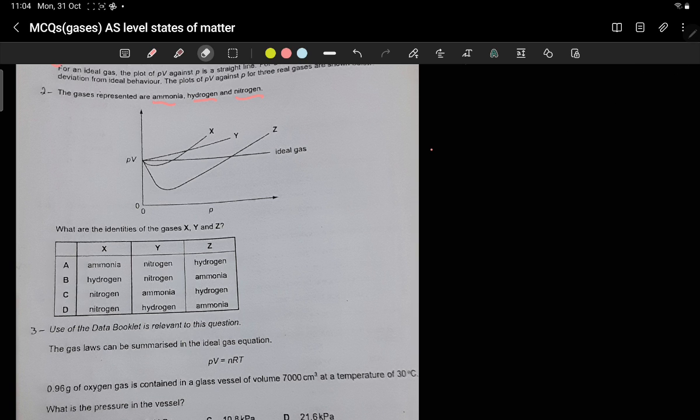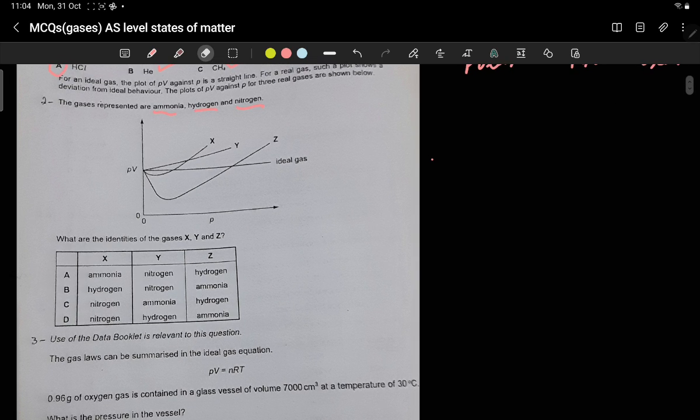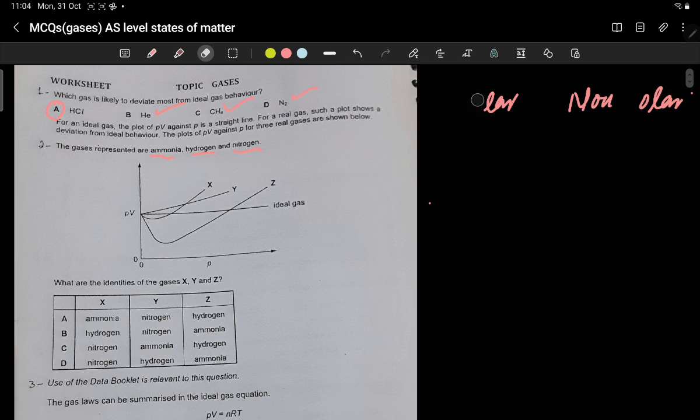These graph questions are very important, and the examiner commonly asks them in exam papers. So let's discuss this question. The gases represented are ammonia, hydrogen and nitrogen. What are the identities of the gases X, Y and Z?